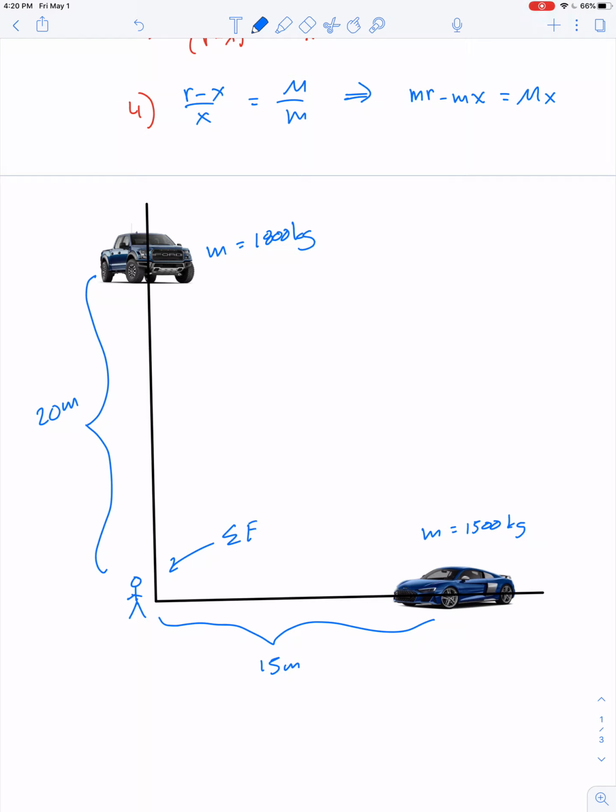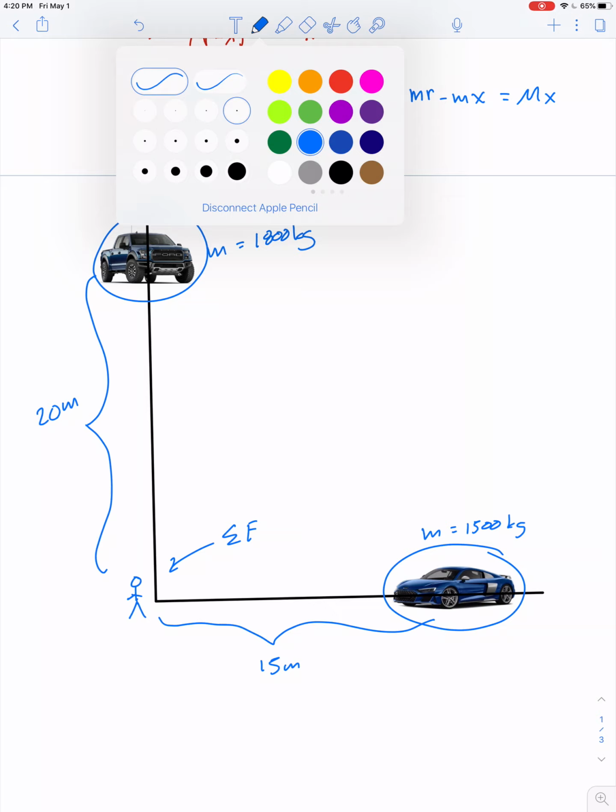So again, we'll apply the superposition principle. You're attracted to the Ford F-150, and you're also attracted to the Audi R8. I don't know which one you're more attracted to, but we can find out by applying Newton's laws.